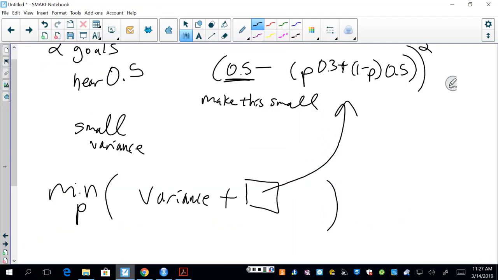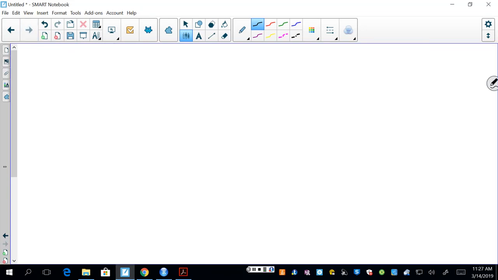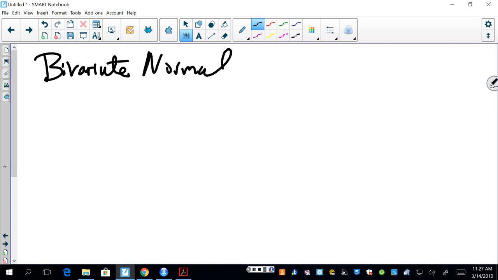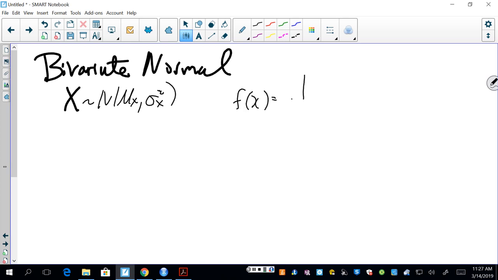So a special pair of variables, such as the bivariate relationship, the last thing for today, is called bivariate normal. So if X is normal, say if I write that X tilde normal with mean mu of X and standard deviation, or variance, right, its density function, as we've seen, has a square root of 2 pi sigma squared out here.